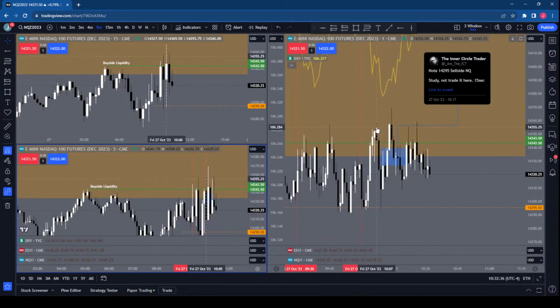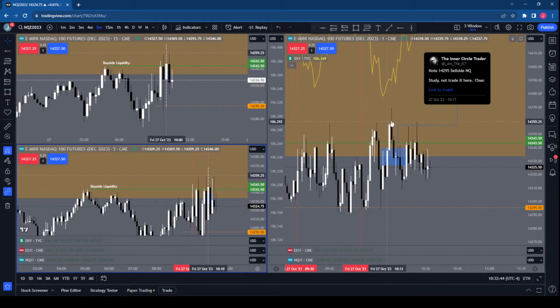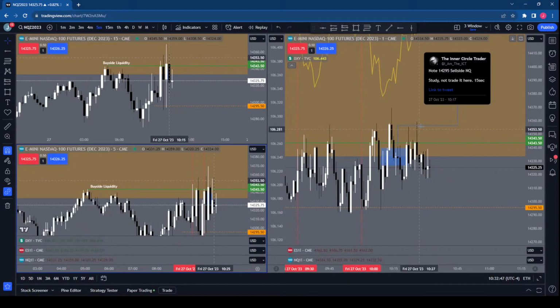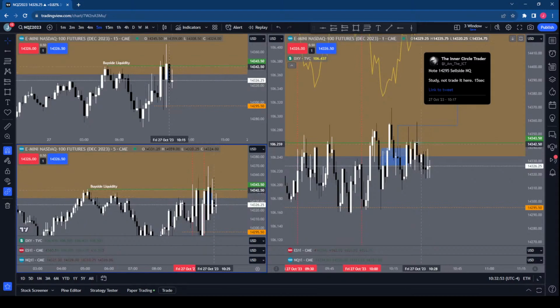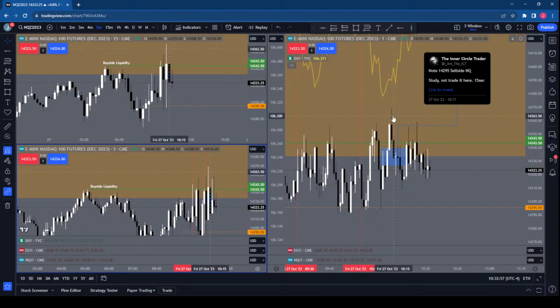So again, an intermediate term high has a short-term high next to it on each side. A long-term high has an intermediate term on each side. This is intermediate term because it has a short term and a short term. Short term, intermediate, intermediate, intermediate, long.